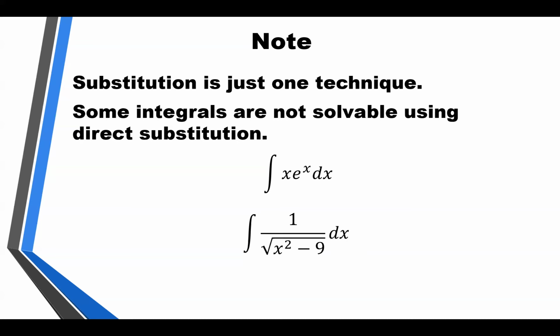So the substitution technique is a very good technique and one of my favorite techniques, but it's not going to be very useful on every single integral that we encounter. So that's why we need some other techniques beyond this. And we'll look at some other techniques beyond just substitution in the next few videos.